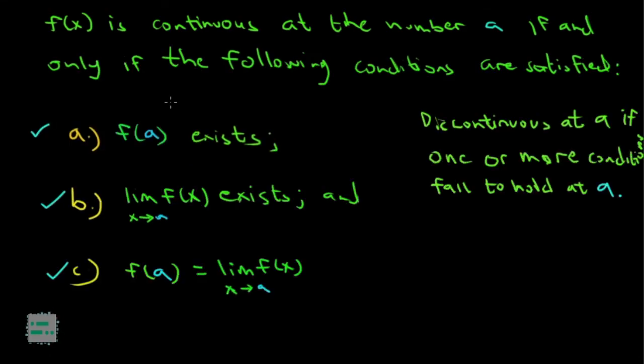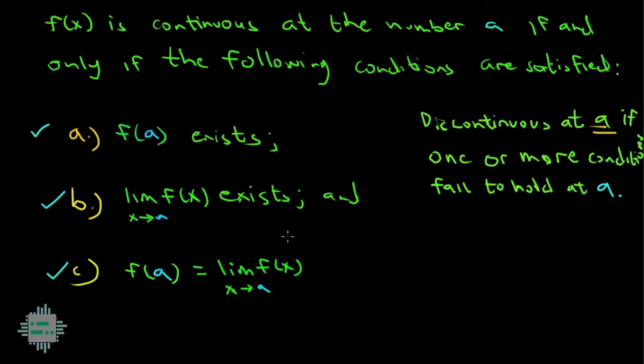To wrap this up, a function will be continuous at a number a kung nami-meet niya tong tatlo. Dapat may f of a, dapat may limit as x approaches a. Higit sa lahat, parehas yung nakuha mo dun sa f of a at saka yung overall limit. Kung isa dito hindi na-meet, discontinuous yung function na yon at that number a.